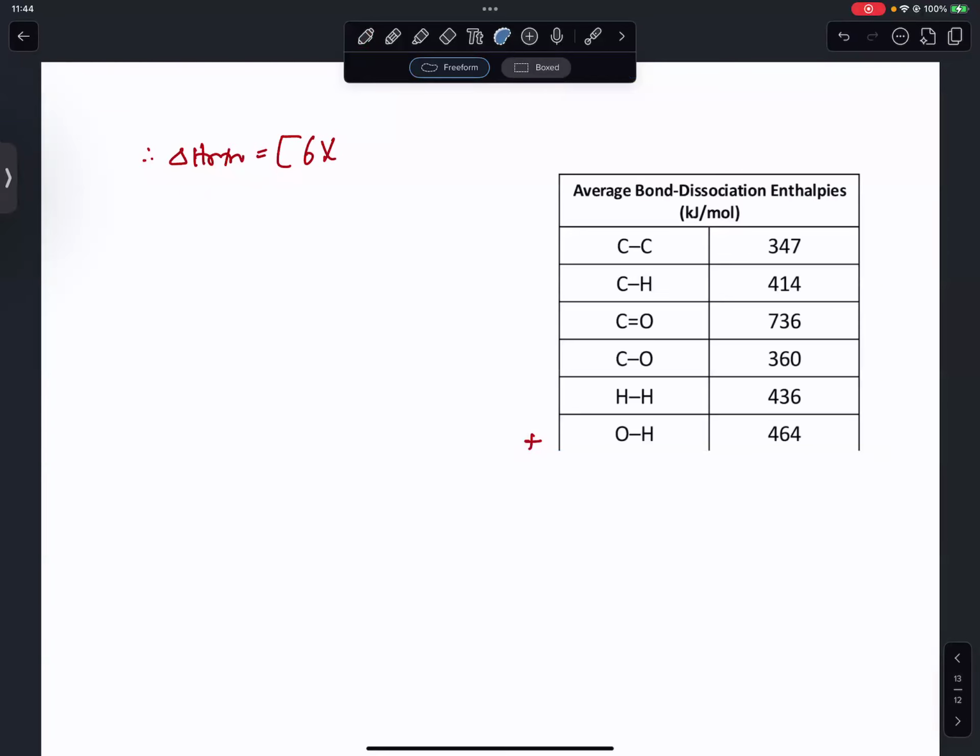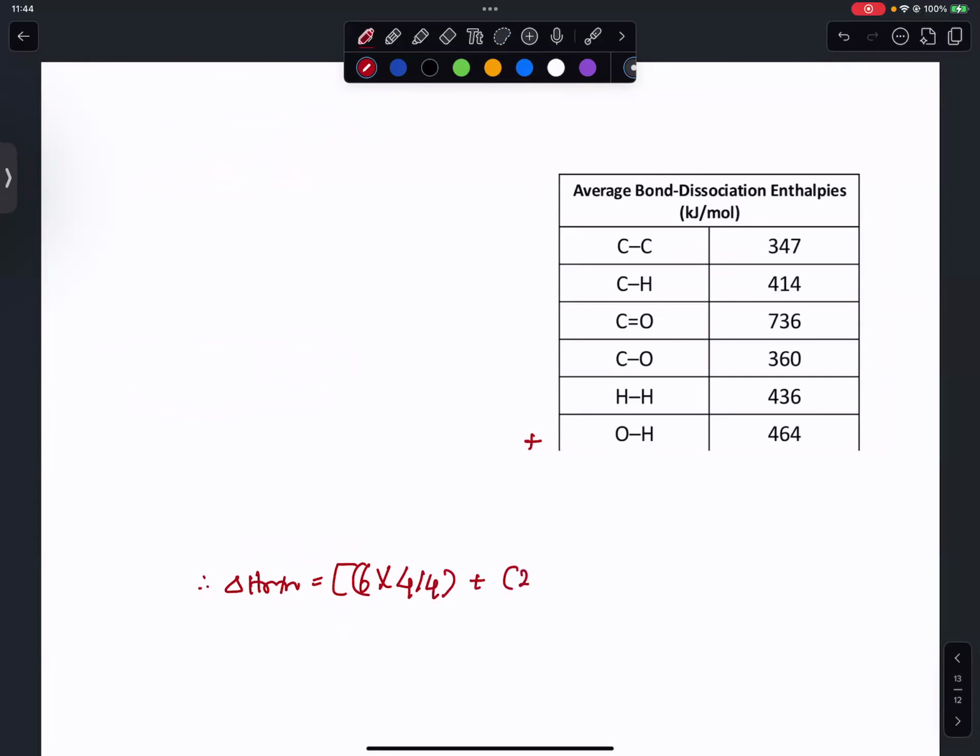Okay, so it's going to be 6 times 414 plus 2 times 347 plus 1 times 736 plus 1 times 436.